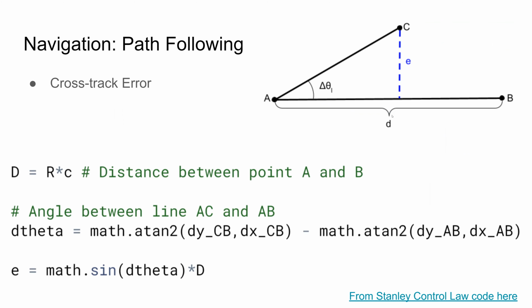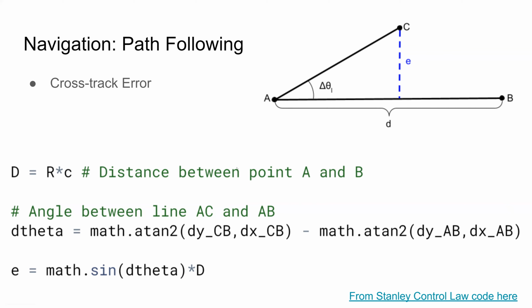Once we find that, that's this distance right here, then we have to find the angle between line A and C and A and B. So that's this angle right here. To do that, you have to use the atan2 function, which, I think, finds the angle of this line and the angle of this line, and then subtracts the two, and that gives you your delta theta.